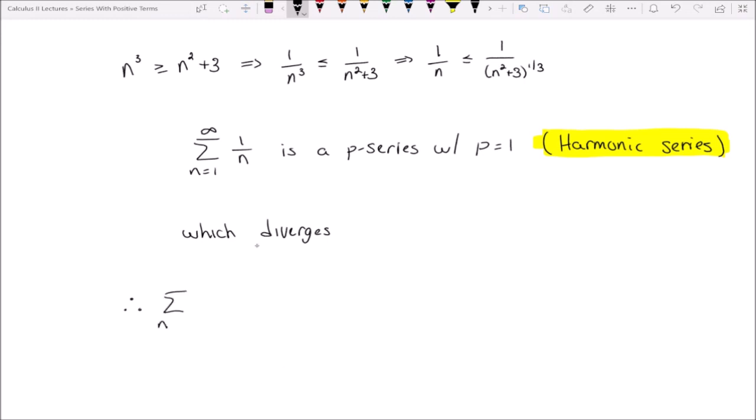So we conclude, and I should have put, sorry, that should have been n equals 2, not n equals 1, so our original series also diverges by the direct comparison test.